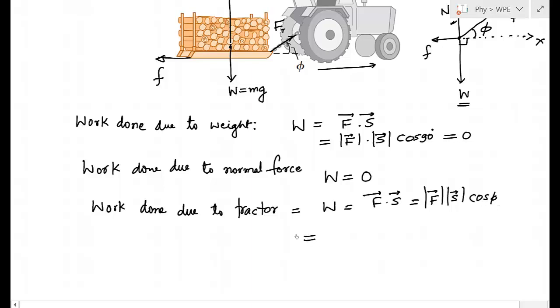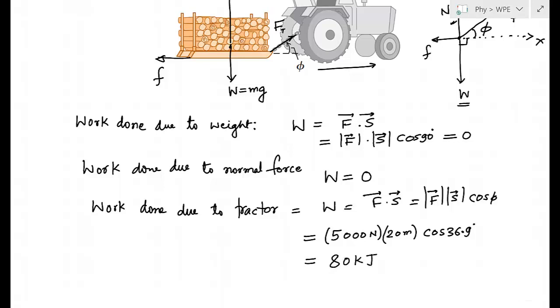F is given, that is 5000 Newton, and we have been given the displacement is 20 meters. So this sledge has moved by 20 meters, and the angle is also given, that is cos of 36.9 degrees. So if you calculate all this, this will turn out to be 80 kilojoule.